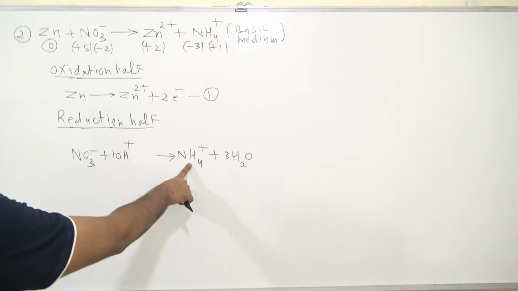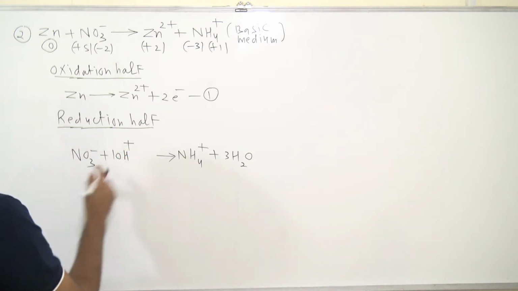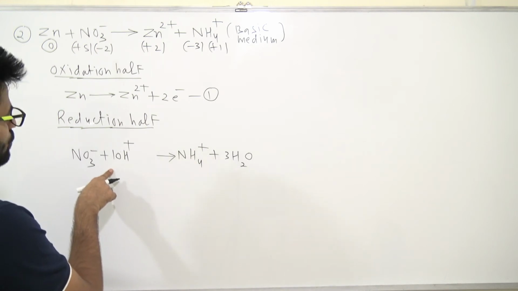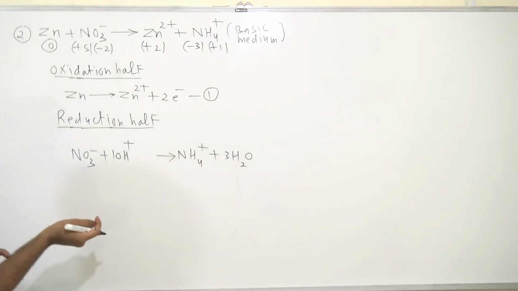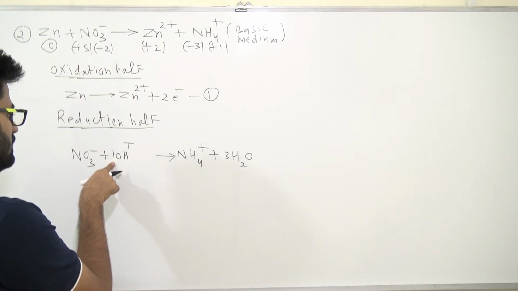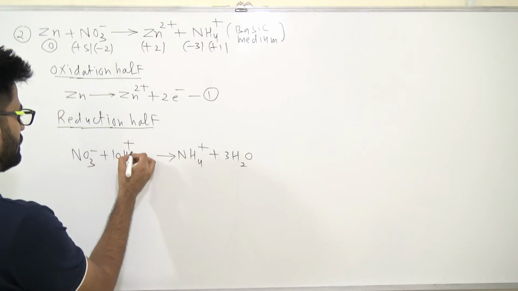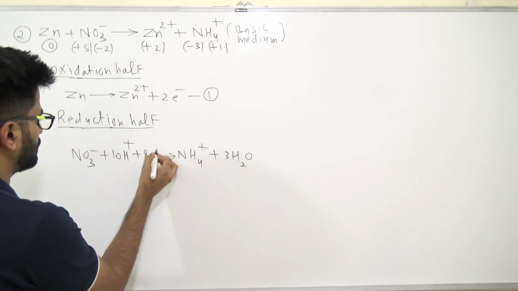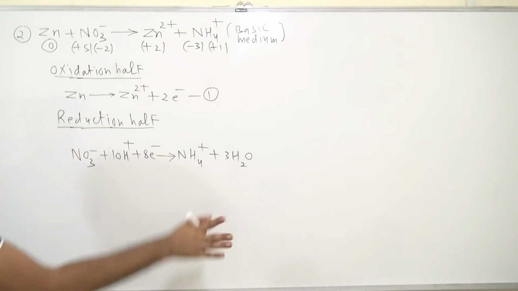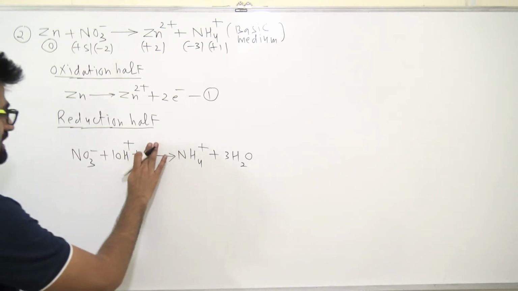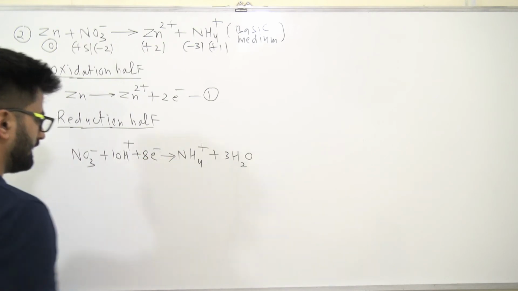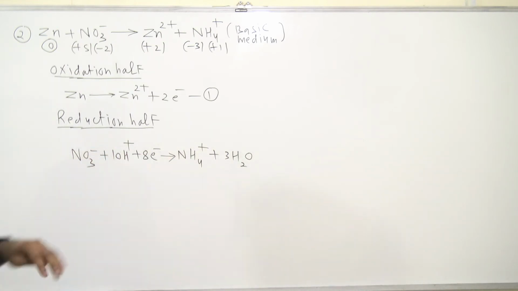How much charge is there? Here we have +9. So I need to add 8 electrons, because 9 plus 10, then it will become +1, right? One of the simplest methods of finding the electrons. So that is what I have done, 8 electrons.